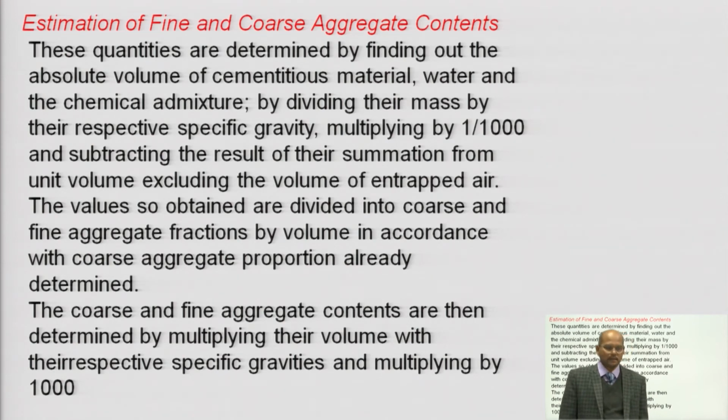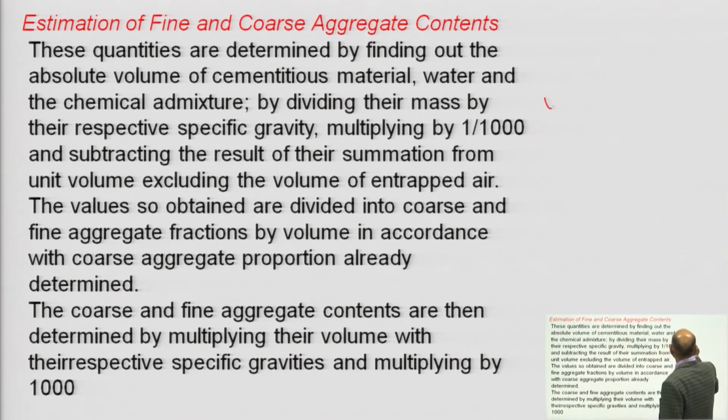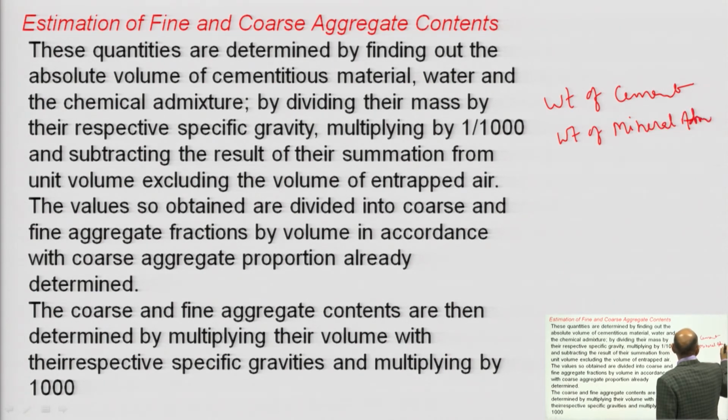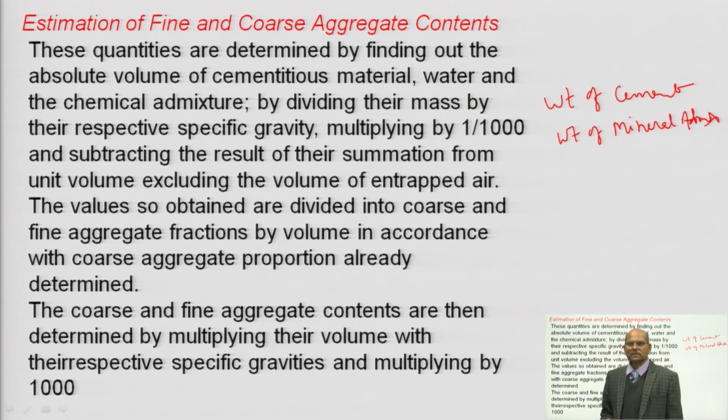So, for that we have already calculated the weight of cement, weight of mineral admixture, and air content also; there is a table. So, from that table, suppose you are using a 20 mm maximum size of aggregate, the air content is varying up to 1%.